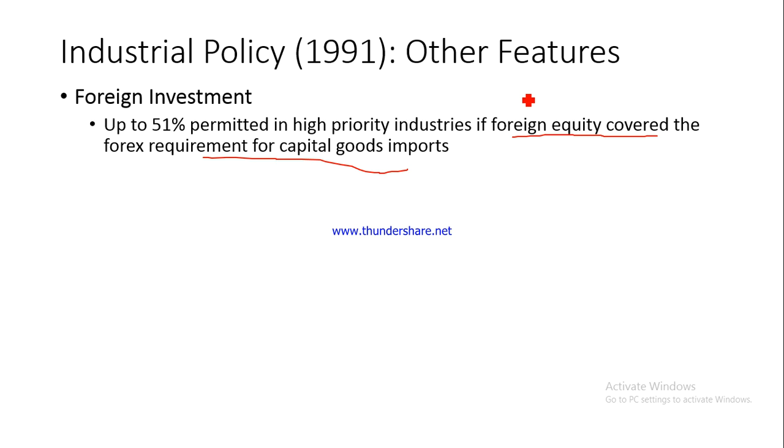We should not be spending them in purchasing goods from outside, be it the capital goods or be it other kinds of goods required for the operations. So we didn't want to spend our own forex reserve for purchasing these kind of goods from outside. So we said, if the foreign partner is bringing in the money and that foreign exchange that he is bringing can be utilized to purchase these items from abroad, then only we are going to allow this kind of an arrangement.